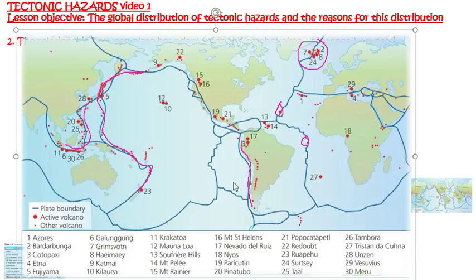We don't find them at conservative plate margins, all right? So earthquakes we find at all 3 plate boundaries and occasionally intraplate. Volcanoes we find at convergent, subduction zones, divergent, but we don't find them at conservative.